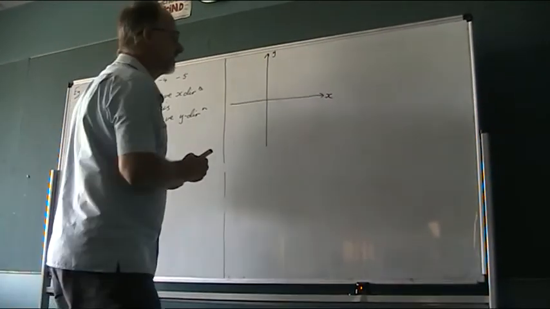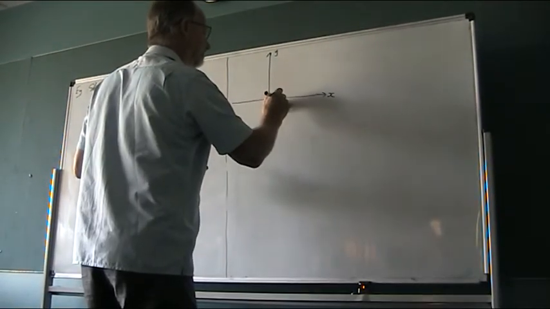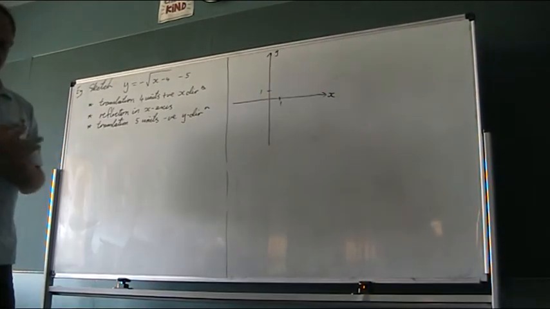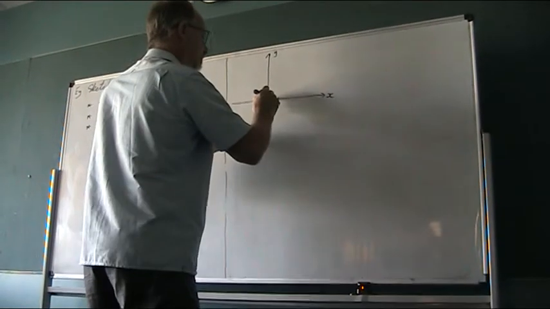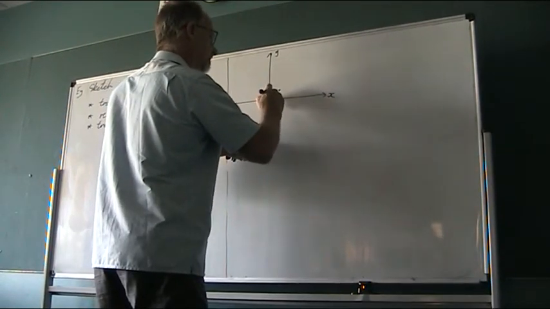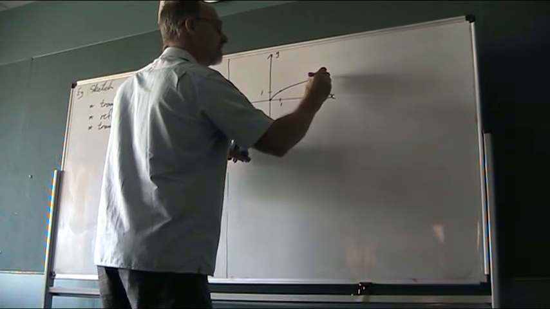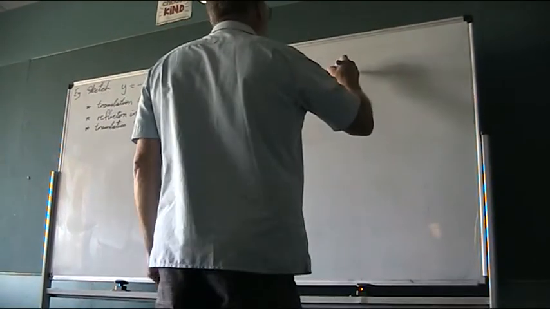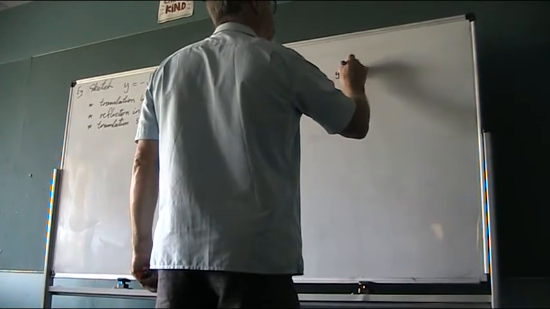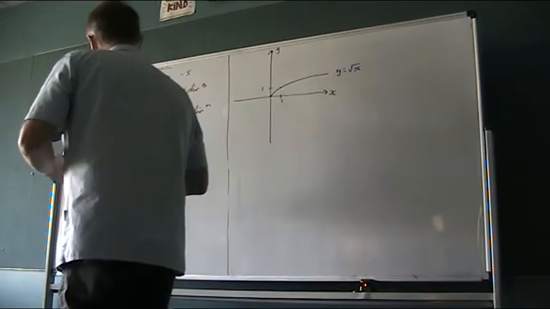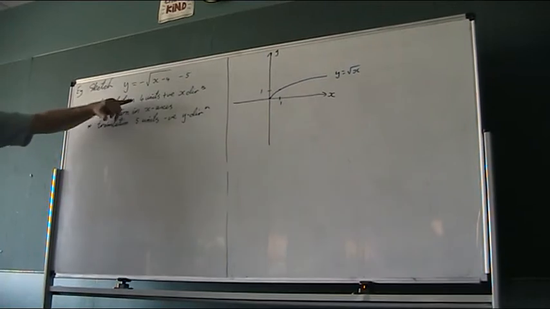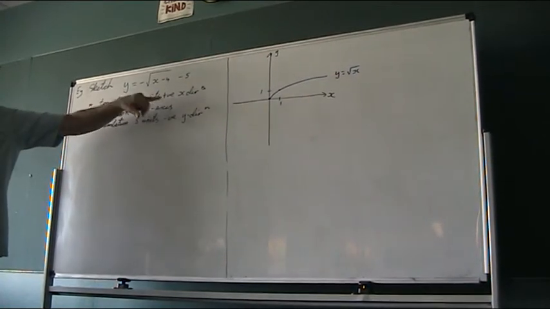So we'll start with our standard everyday square root graph, which goes like that, part of a sideways parabola. Yep. We then follow our transformations. It says translate 4 units in the positive x direction.